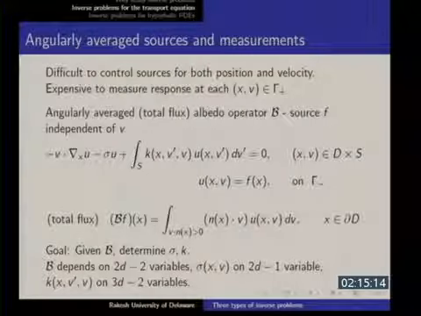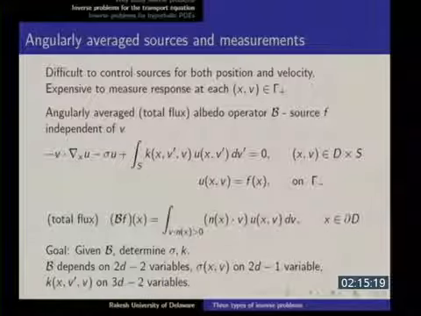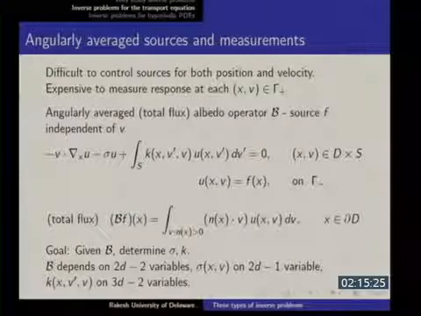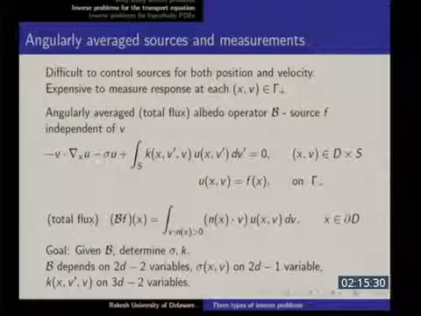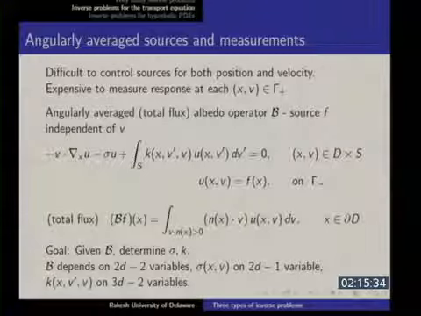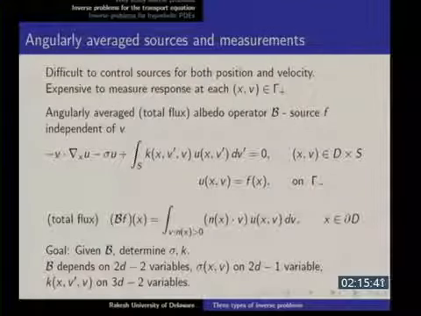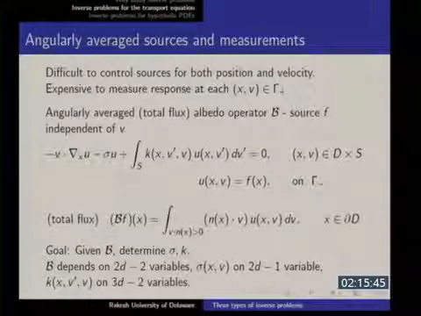Let's talk about this later. So the scattering coefficient depends on 2d minus 2 variables, and the absorption coefficient depends on 2d minus 1, and that's 3d minus 2.